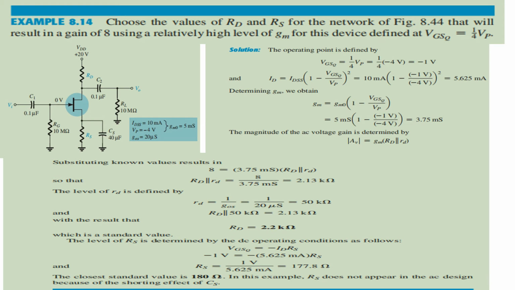So VGS is already given, since VGSQ is equal to 1/4 of the pinch off voltage. So pinch off voltage should be given over here, which is equal to 4 volts. Okay, so this will give you VGSQ. Find out the drain current based on this.